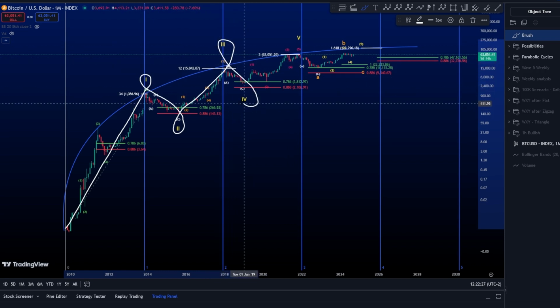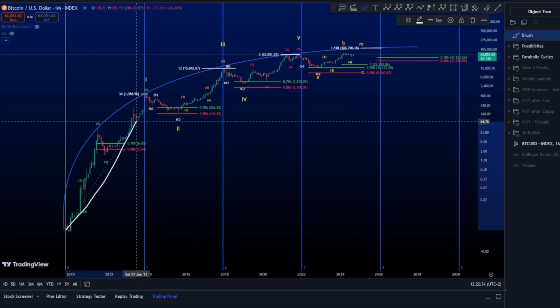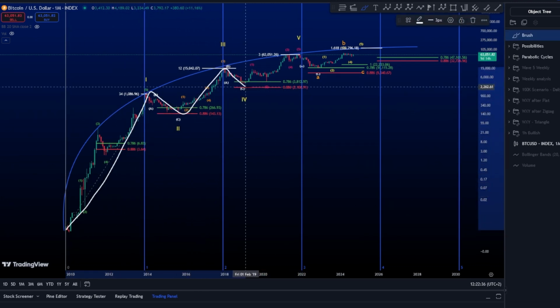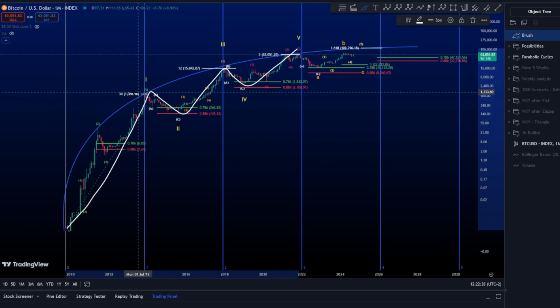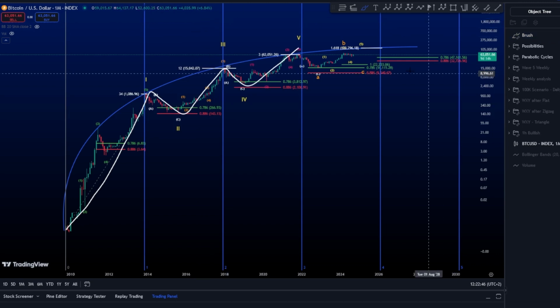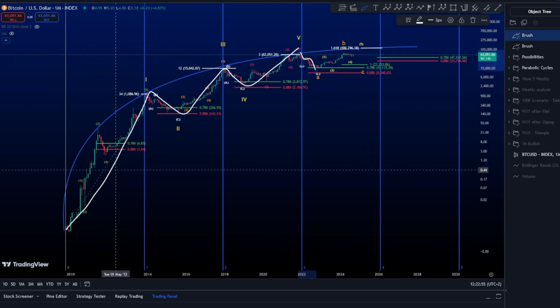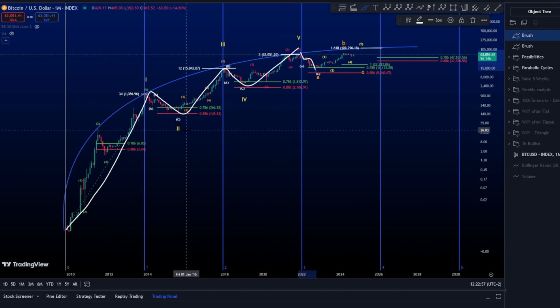A 3 wave correction again, then 1, 2, 3, 4, 5, we got the wave 5. Therefore, the whole scenario now, 1, 2, 3, 4, 5, tells us this is an impulsive or motive wave, finished with 5 waves. And now we are looking for 3 waves after it. Yeah, this is a very small 3 waves for such a big wave, right?